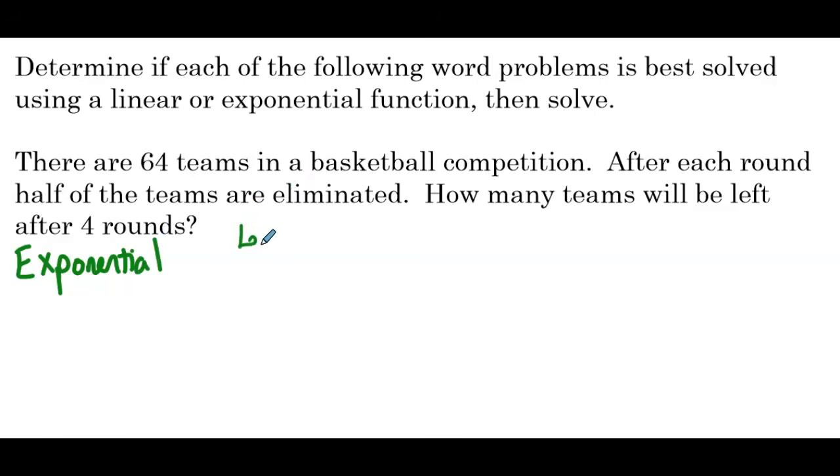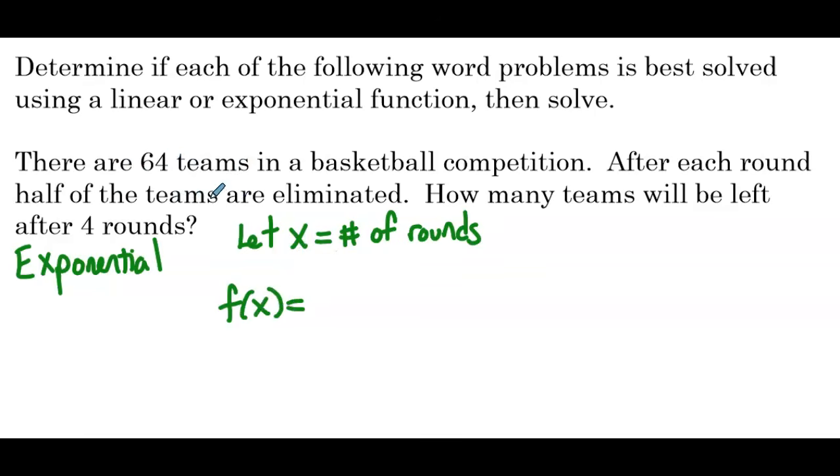So we need to define our variable, so let x, we'll use x still, be equal to, well, how many teams will be left after 4 rounds? So x is going to be the number of rounds. Now we need to write our exponential function. We'll use f of x again.